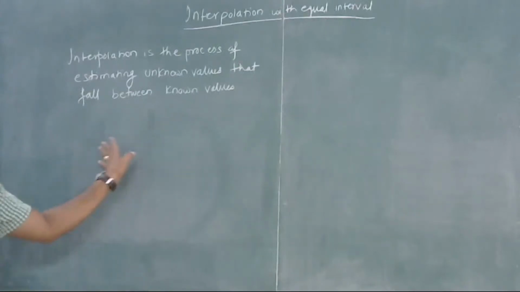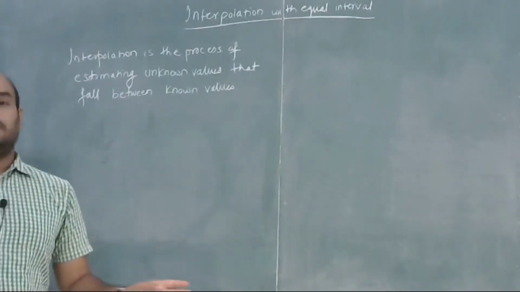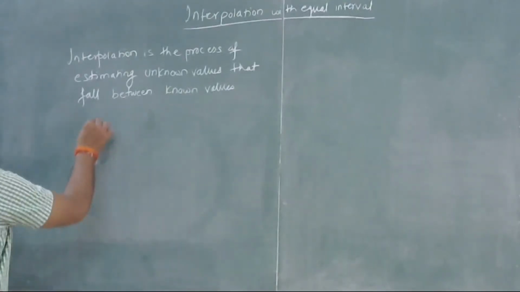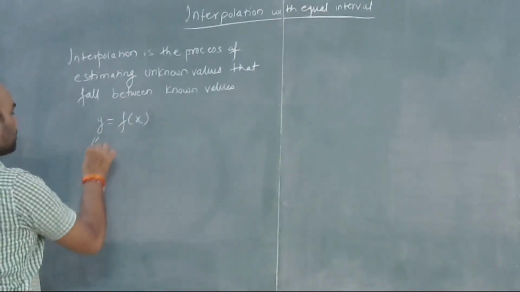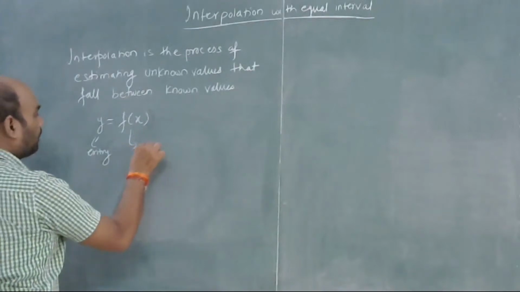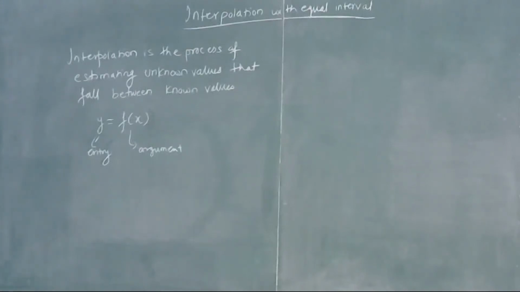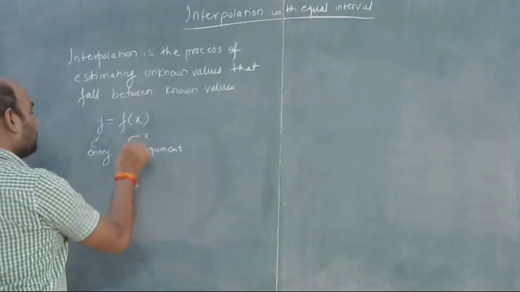So we have done some numerical problems based on this. We have calculated the value of y when x is given. Let's suppose y is equal to f of x. Here x is the argument and y is its entry.